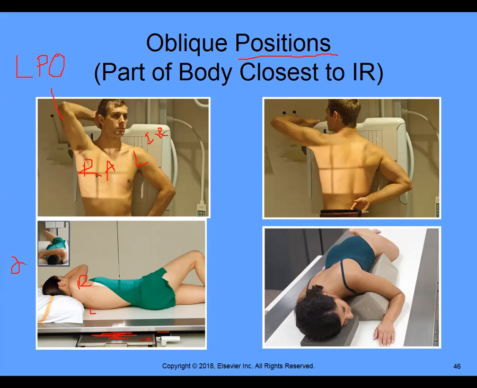Which side? Is it her anterior or her posterior? It is her posterior. So both picture number 1 and picture number 2 are identifying left posterior oblique. So the same thing this guy's doing up here, the same thing she's doing down here, except this is in the supine position. Or recumbent, I'm going to say recumbent position.